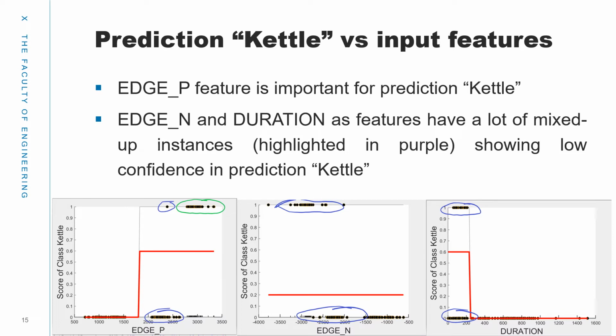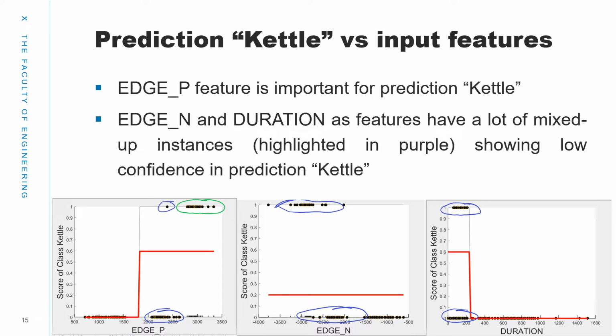The PD plot is also observed to rise for about 60% with these values. This is why kettle obtained its high performance, as the unseen data has edge P values above 2700 watts.